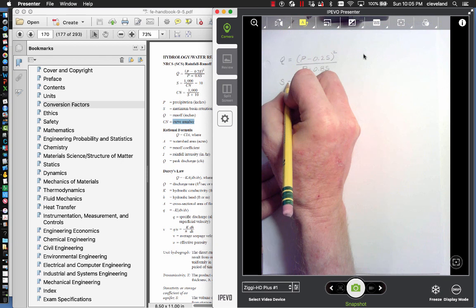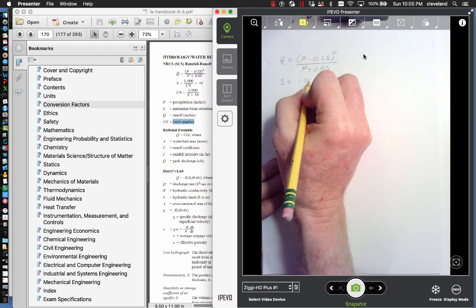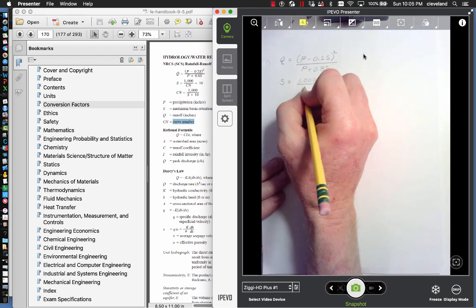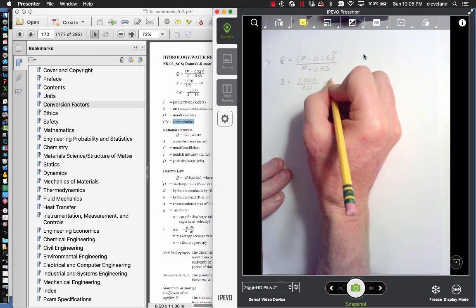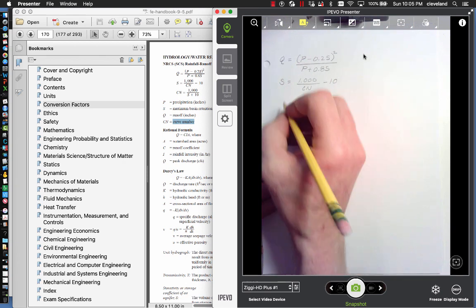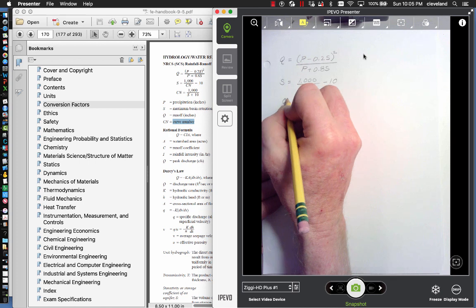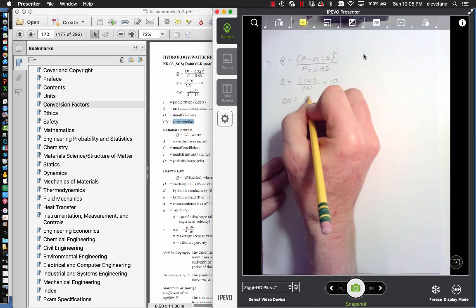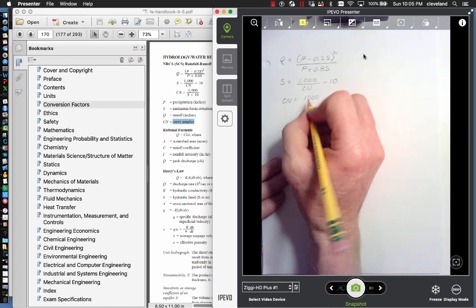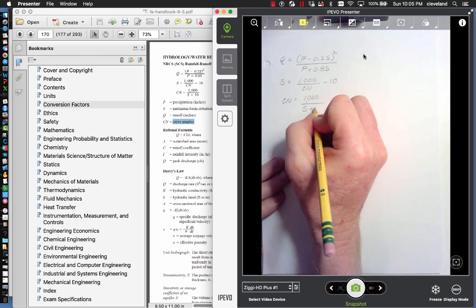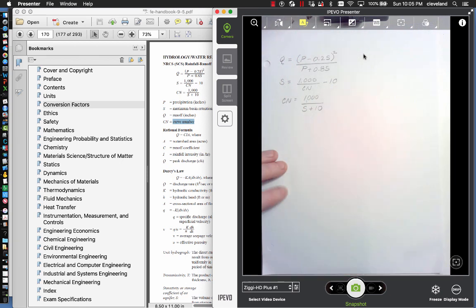The storativity is 1,000 divided by curve number minus 10. And the curve number, for what it's worth, is 1,000 over S plus 10. Now let's return to our problem.